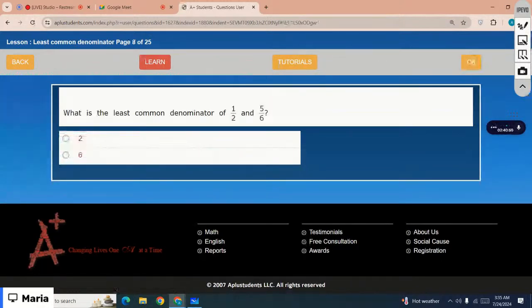What is the least common denominator of 1 by 2 and 5 by 6? Yes, 6 it is. The correct option is 6.